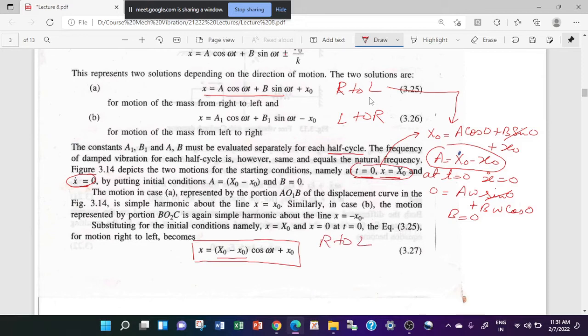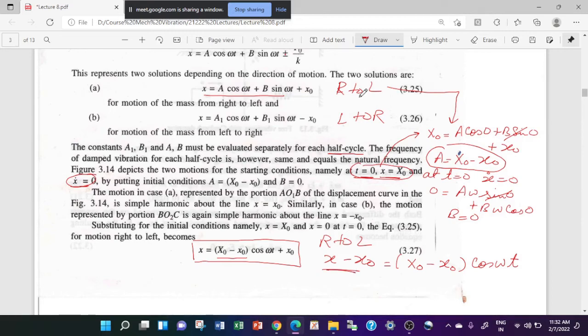And you can say here, when I shift the x-axis, or you can say x minus small x naught is equal to (capital X naught minus small x naught) into cos omega t. And this is basically a cosine curve about this axis.